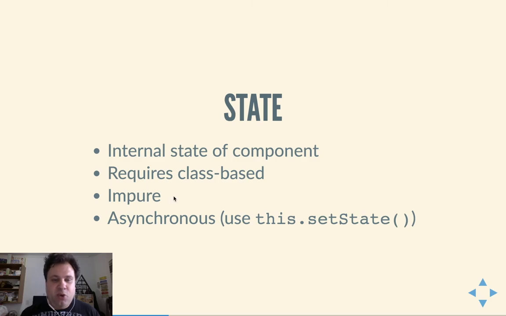That makes it impure. Also, state is handled in an asynchronous fashion. To modify the state of your component, you have to use the this.setState function, and that does not immediately modify the state. It's actually an asynchronous modification.